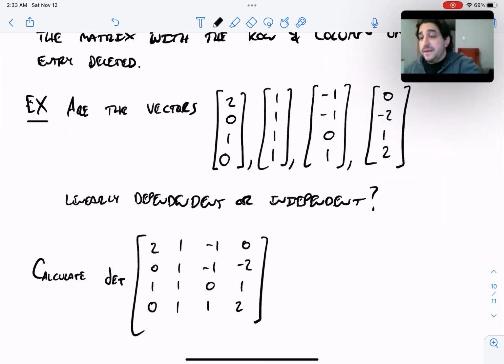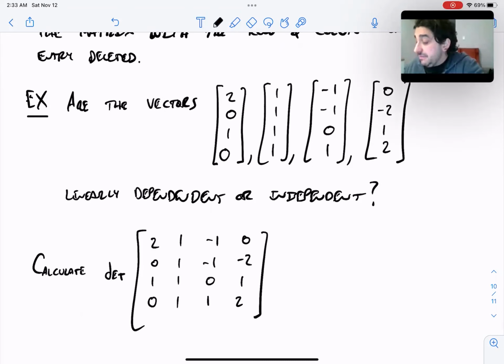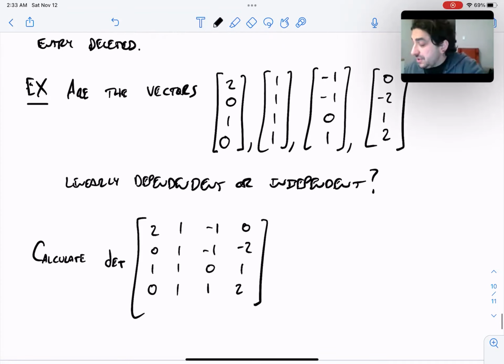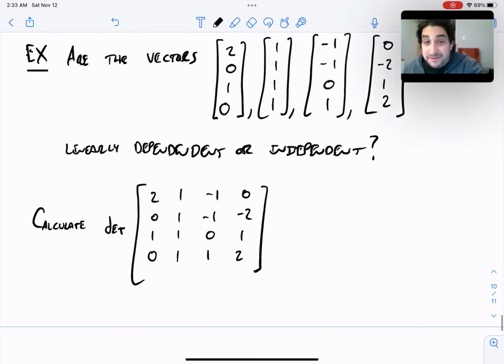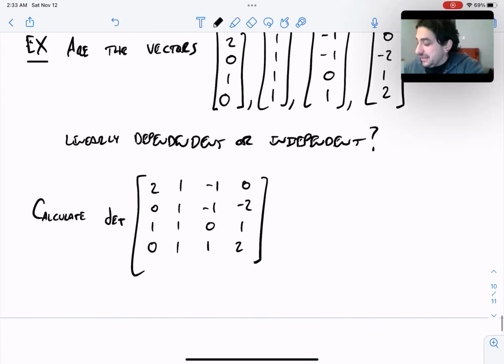Okay, so let's see now here if we have a 0 determinant, in which case I'll conclude that they're dependent, or a non-zero determinant, in which case I'll conclude that they're independent. And this is a 4 by 4, right? So I'm going to calculate this by picking my favorite row or column, and then doing this alternating sum of cofactors, right? Multiplied by those entries.